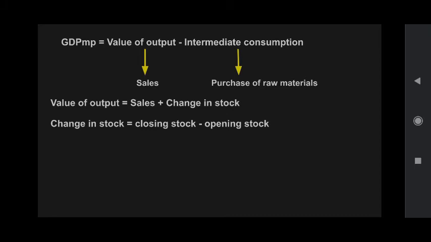Sometimes value of output is equal to sales, but let's say you were not able to sell the entire units of output in the very same year. Some of the units have been left at the end of the year. So that particular portion will be known as change in stock. And how do you calculate change in stock? It's simple. Closing stock minus opening stock.